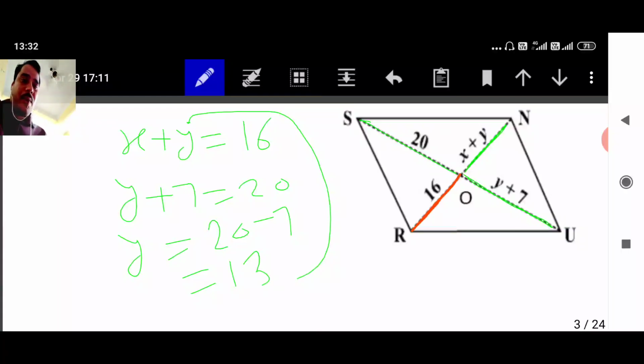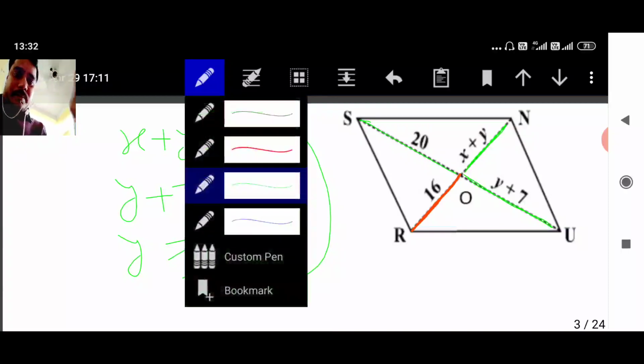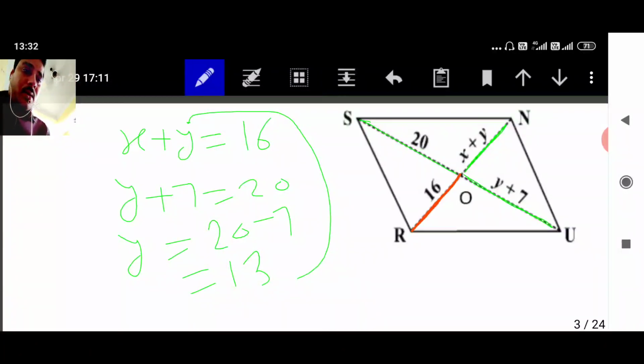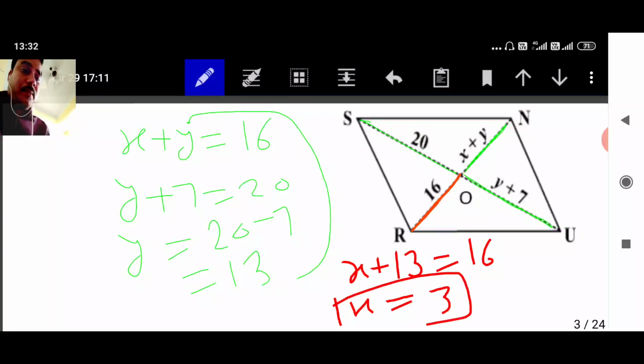Put the value of y, 13, in the first one. So x plus 13 equal to 16. What is the value of x? x equal to 16 minus 13 equal to 3.